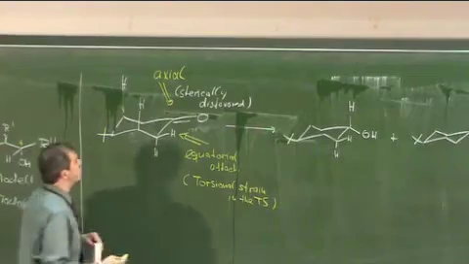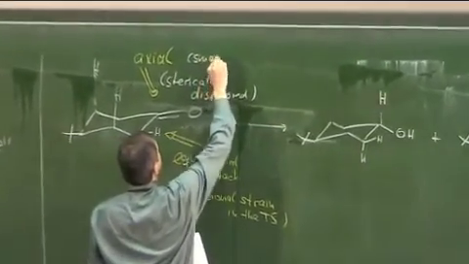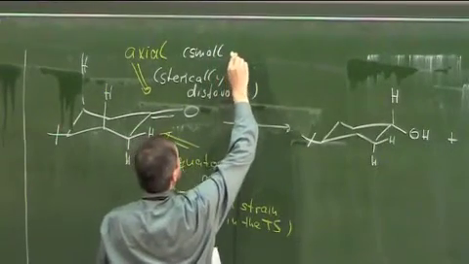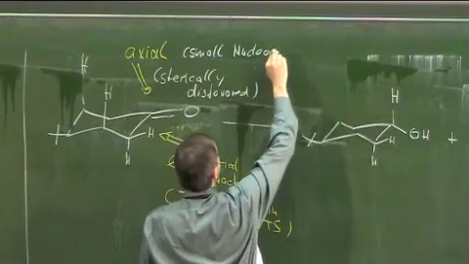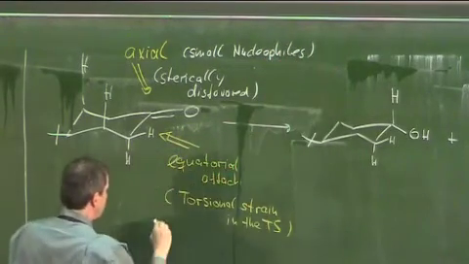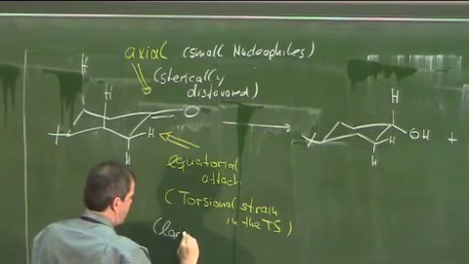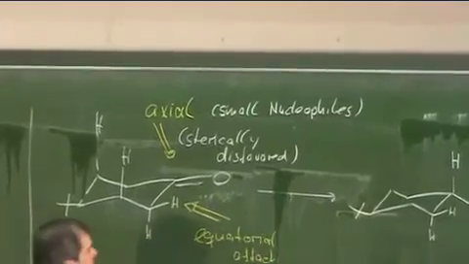And therefore the general rule is that small nucleophiles will attack axial, large nucleophiles will attack equatorial.